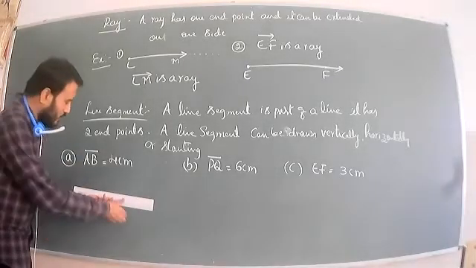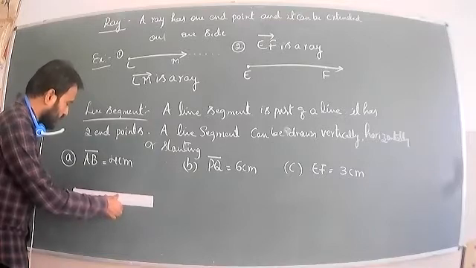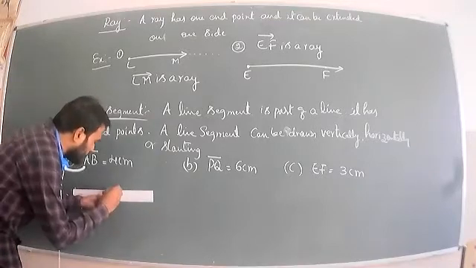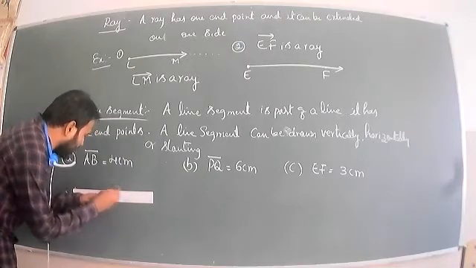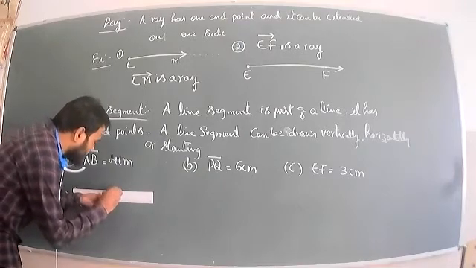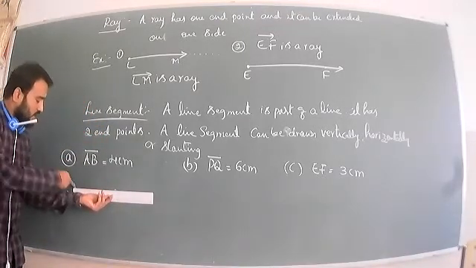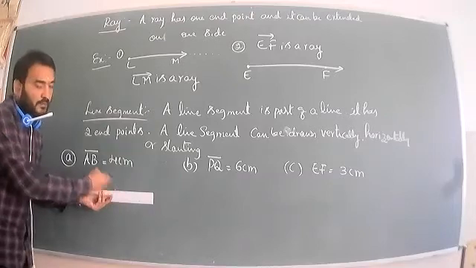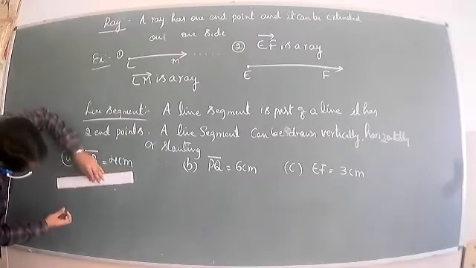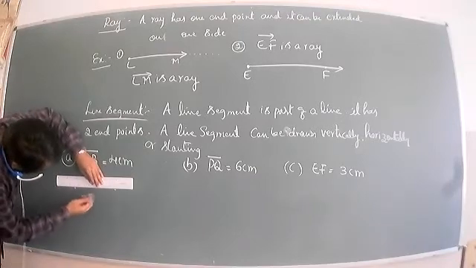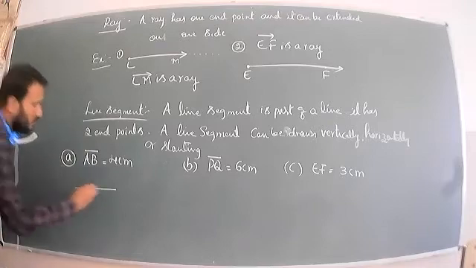Now you can draw the 4 centimeter. One point is 0 and the other point is 4. Now put the points: one is 0, another is 4 centimeter. Now draw the line using the scale. This is a 4 centimeter line segment.